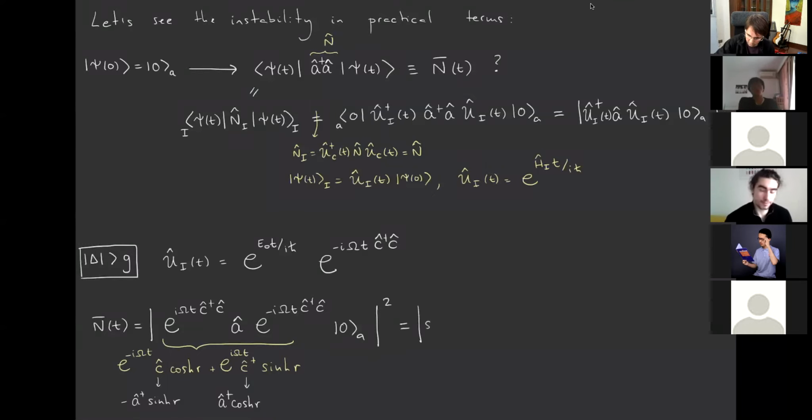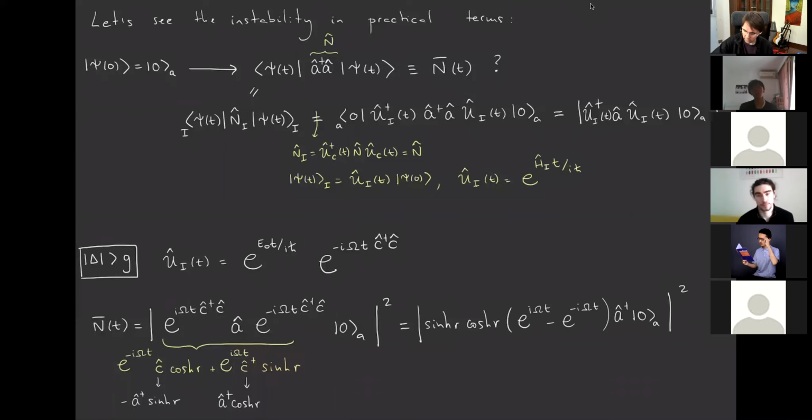So we will have the hyperbolic sine, the hyperbolic cosine, and then an exponential of plus i omega t minus i omega t. And then we have A dagger acting on the vacuum state of A. And we want the norm of this.